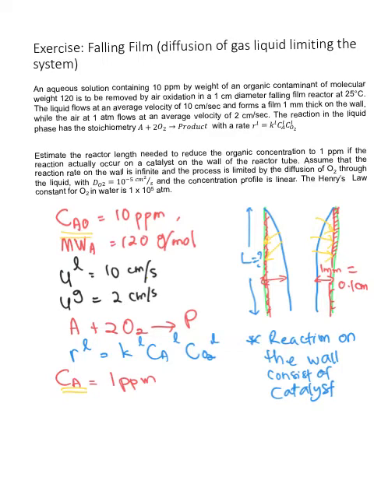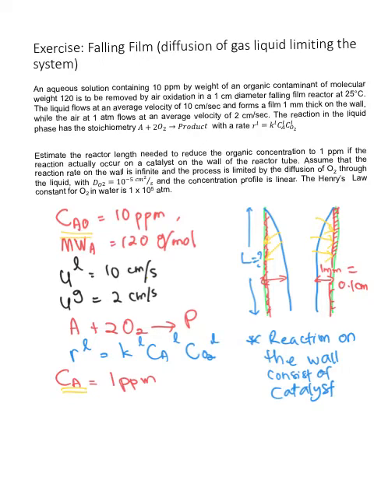Henry's law constant for oxygen in water is 1 times 10^5 atmosphere. So when the Henry's law constant is given, it means that you need to calculate the concentration of oxygen in liquid phase.